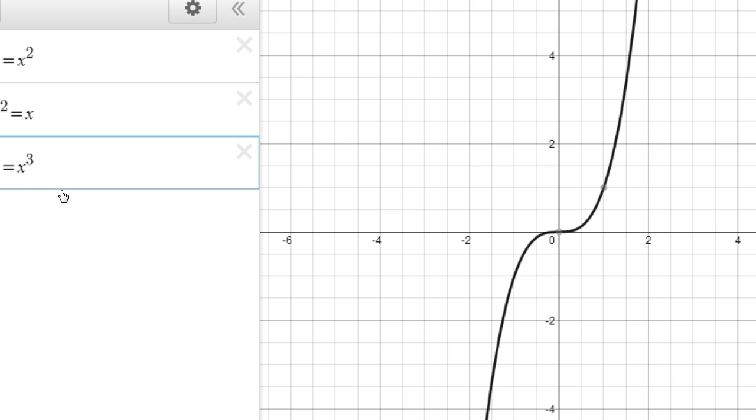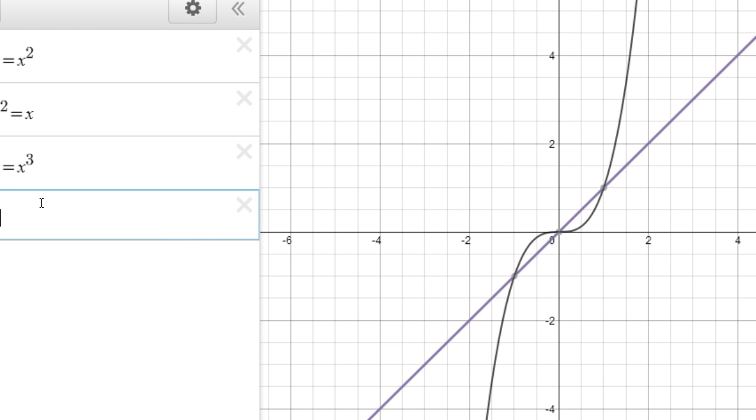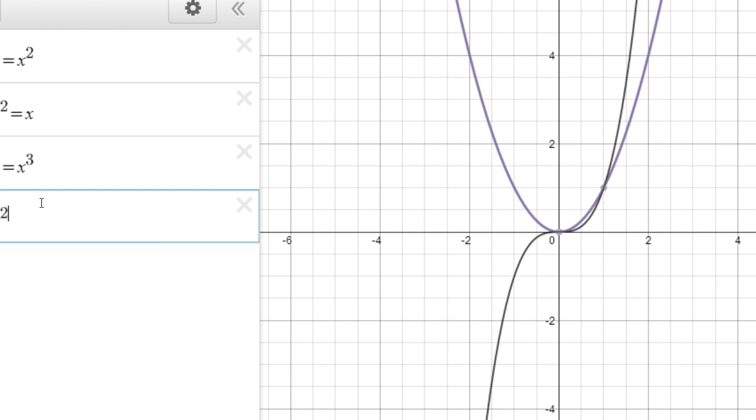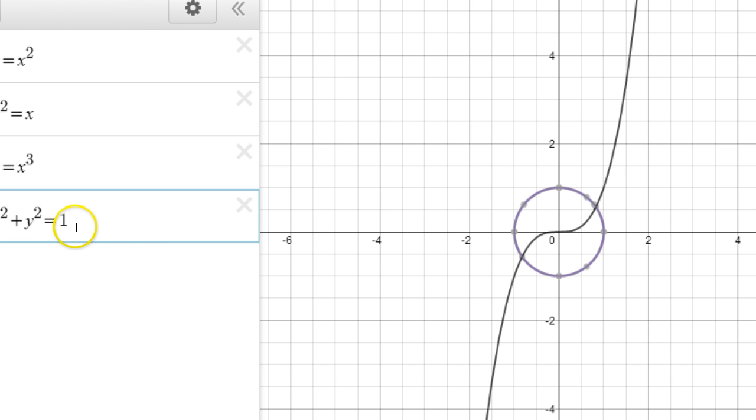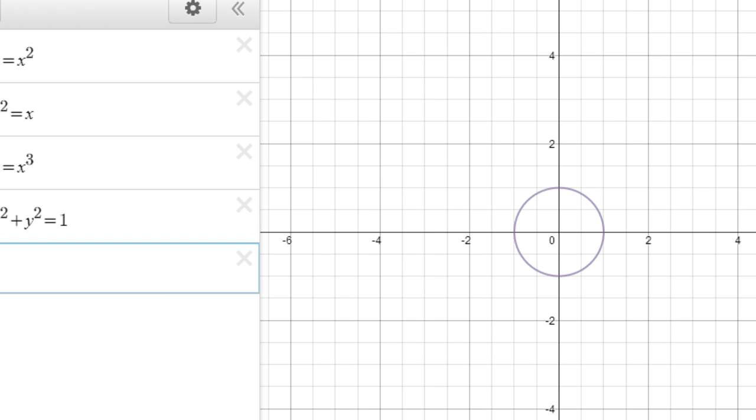Like for example, this one, x squared plus y squared equals 1. Okay, so for example, this would have rotational symmetry, so therefore this also has point symmetry about it. So that's kind of nice to know.